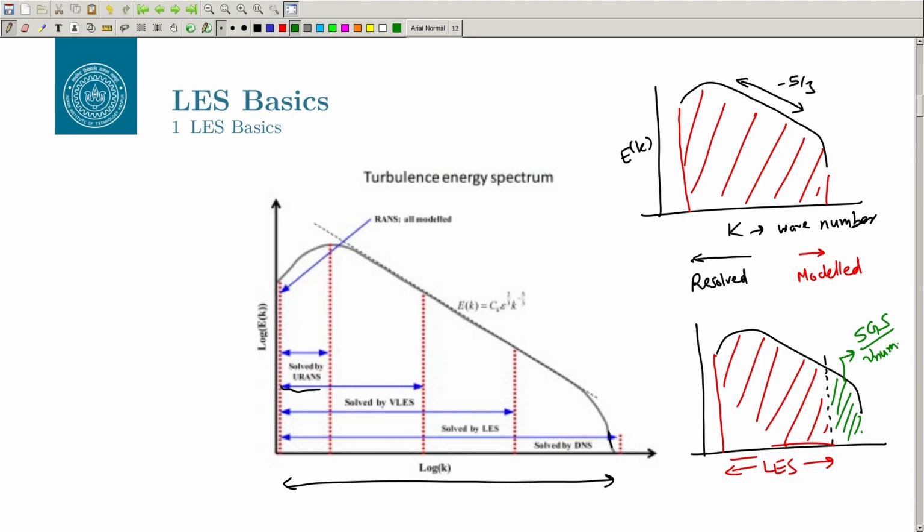So at least 80% of the energy should be resolved. If you resolve more than that, that is even better.